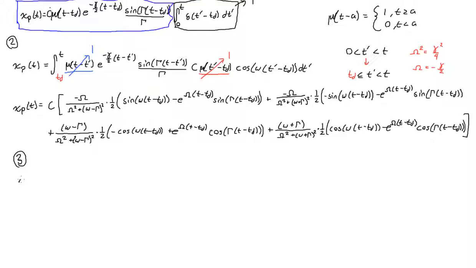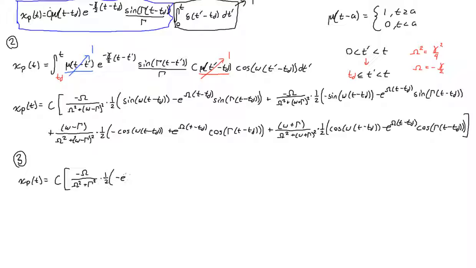So, for this case, we have that it's C, and then we have negative omega, and we have omega squared plus big gamma squared times 1/2. This one will be 0.